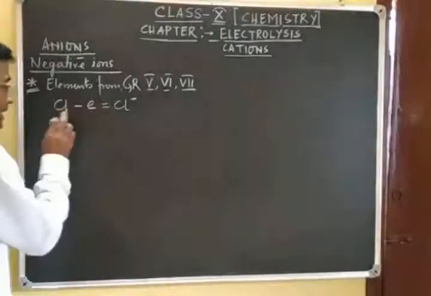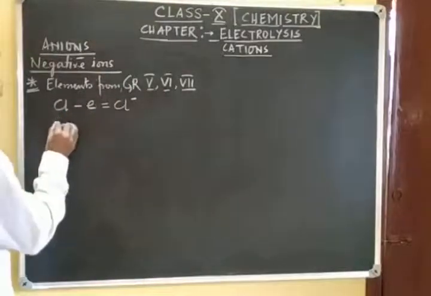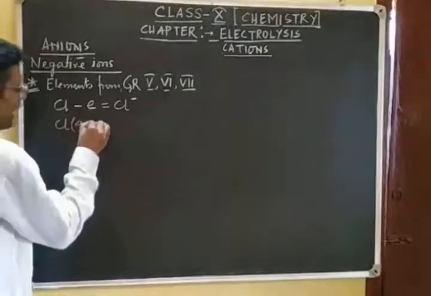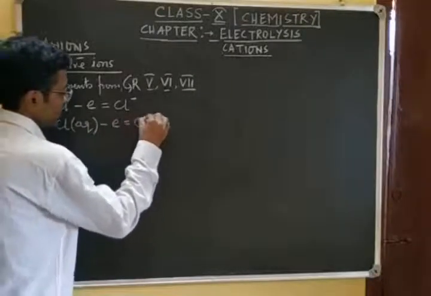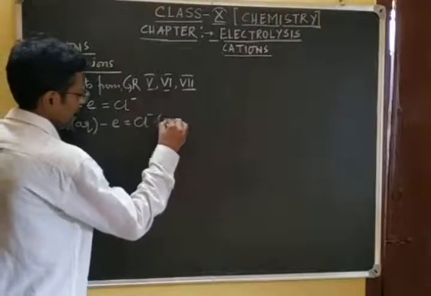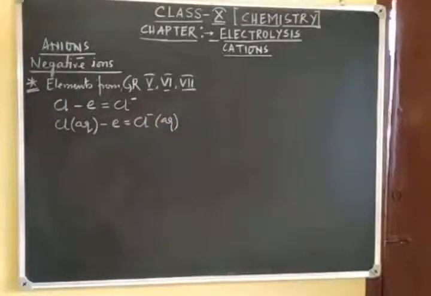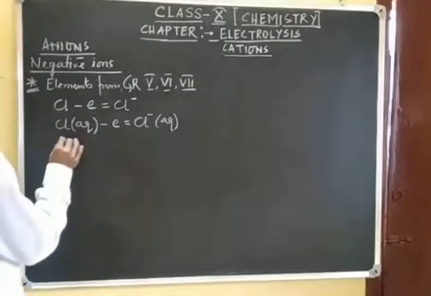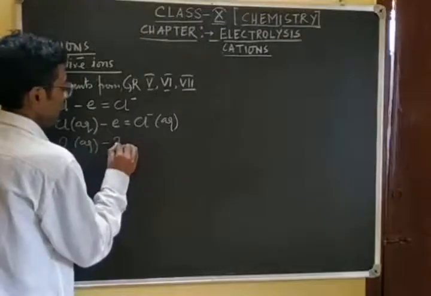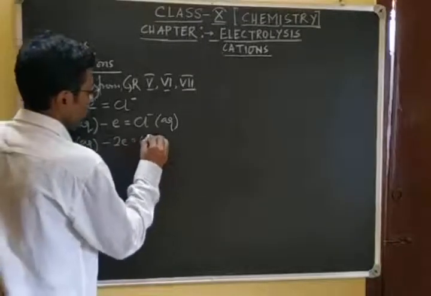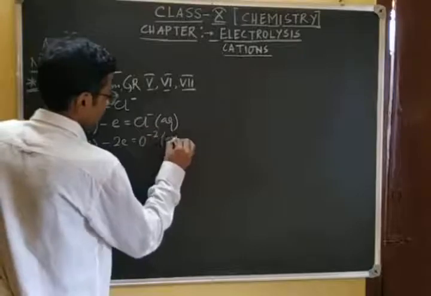You should write this equation now like this: chlorine aqueous, when it gains an electron it becomes Cl minus aqueous. This is an example of an ion. Now similarly, oxygen aqueous will gain 2 electrons to form O minus 2 aqueous.